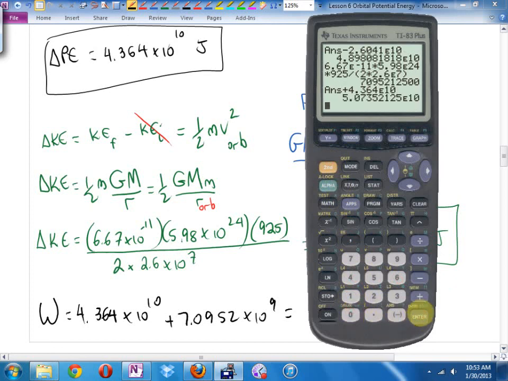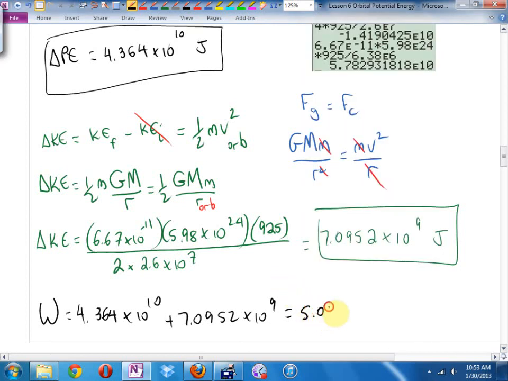Now I'll go to 3 sig figs. 5.07 times 10 to the 10th joules. That's a fair chunk of energy.